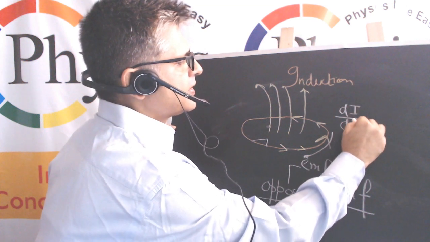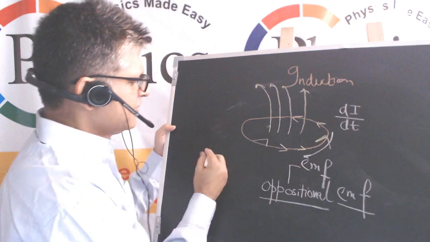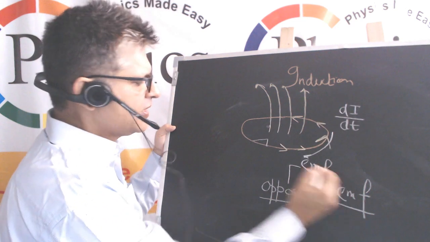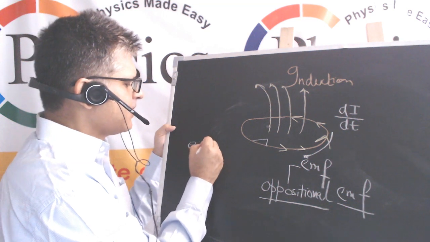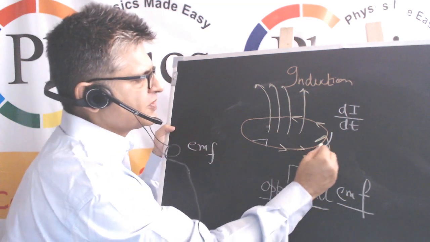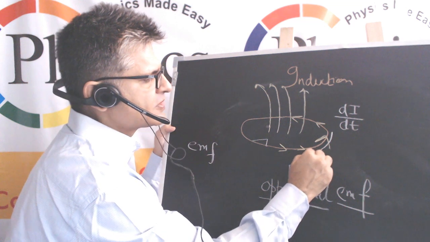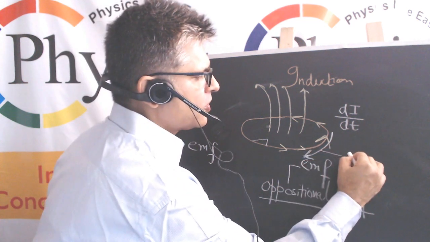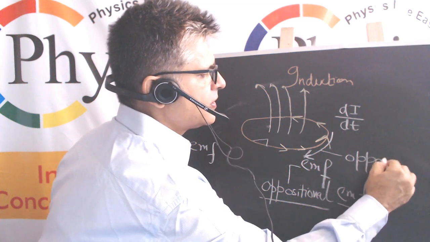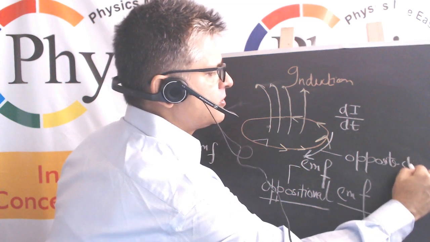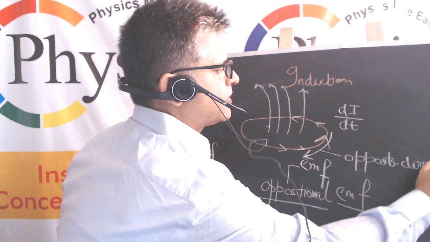And this di by dt resulted in production of an oppositional EMF. So the way it works is that the oppositional EMF generates a current in the opposite direction. This is a current in the opposite direction, okay?